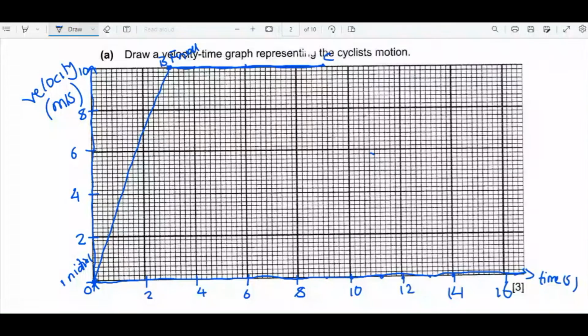I'm going to draw another straight line, but this line must be slanting down. The reason is slanting down is because this is the deceleration part. This person decelerated and came to rest after 5 seconds. So from point C up to point D, the time taken was 5. Then this is our deceleration here.